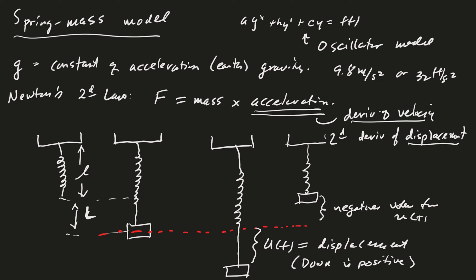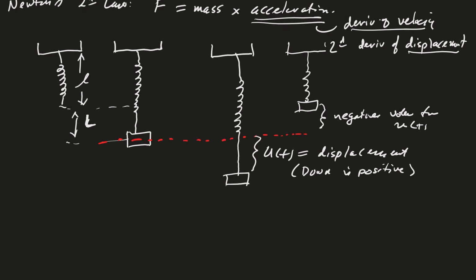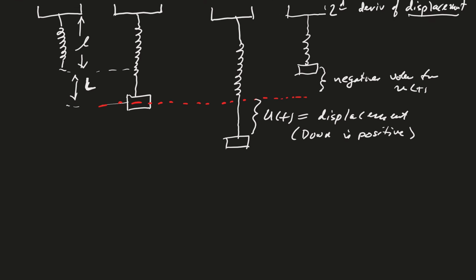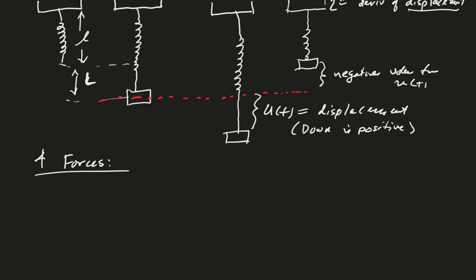U of t is going to be our displacement, and we want to model u of t. Good. Let's see if I can keep my picture up here. I want to investigate four forces, I think. Remember, when you're building a model, you want it as simple as possible, but then you want to not make it so simple that it doesn't capture any interesting behavior.